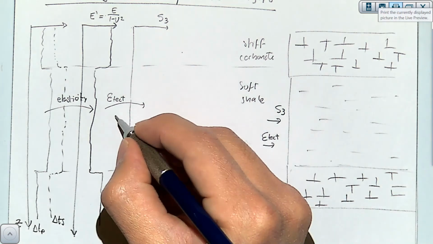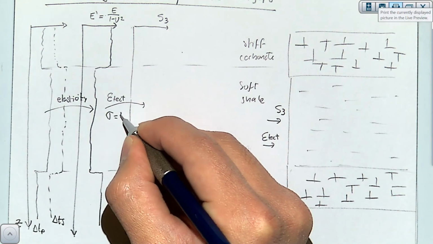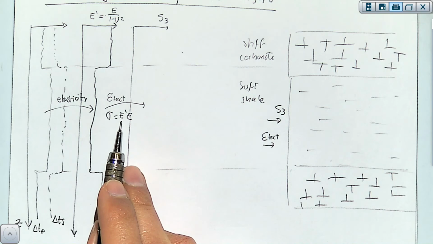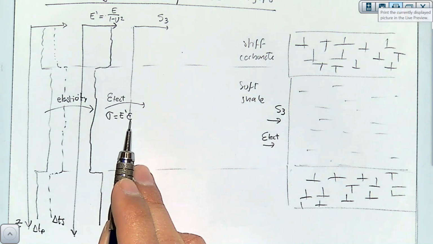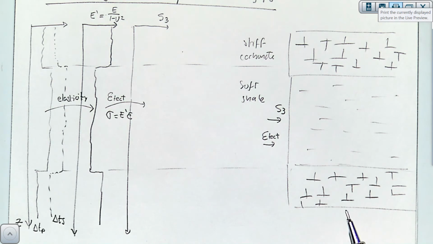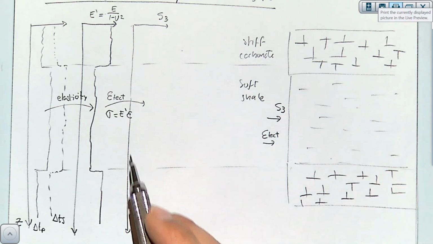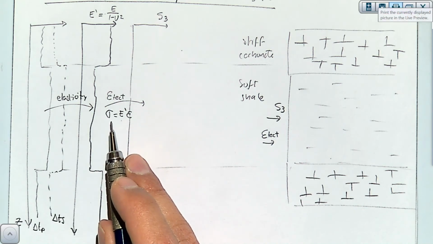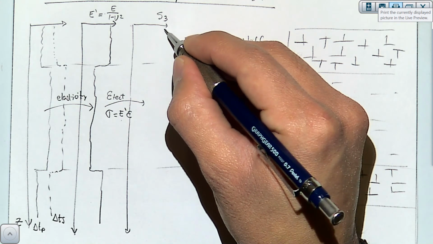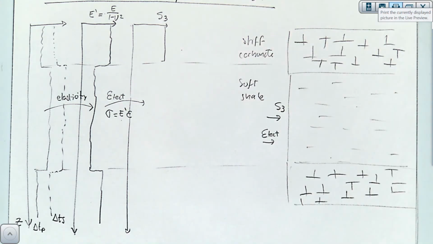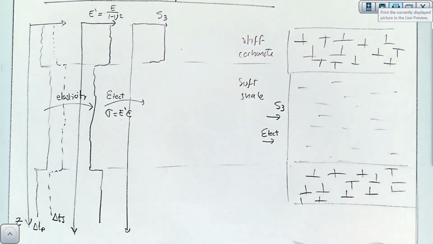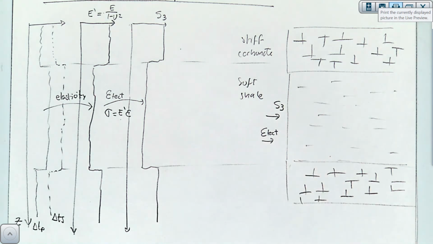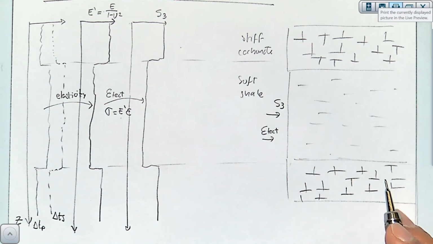If you remember, just from basic elasticity, stress is proportional to stiffness. So if we apply the same strain in the entire sequence, the strain is the same, but the stiffness is not, so stress is not going to be the same. In this case, stress is going to be higher in the stiff carbonate than in the soft shale.